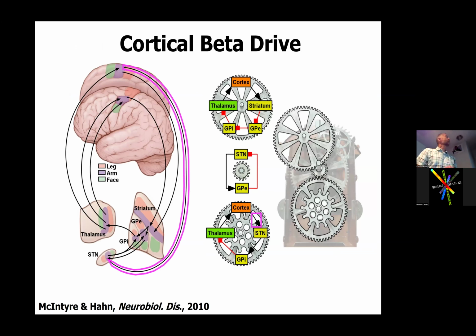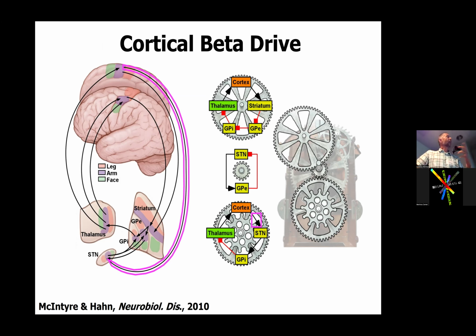Okay, so at that same time, take yourself back to, I don't know, the 2015 time window. People have now recognized this concept anatomically of the hyperdirect pathway. They've recognized abnormal beta band oscillatory activity in the subthalamic nucleus as being a biomarker of Parkinson's disease.